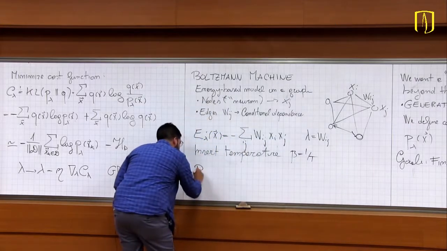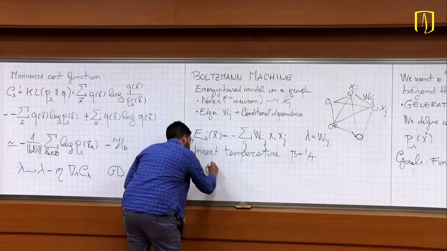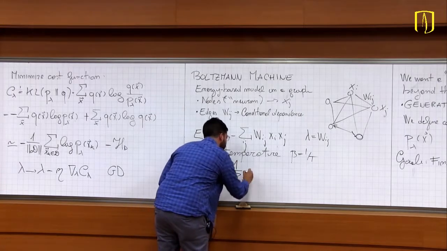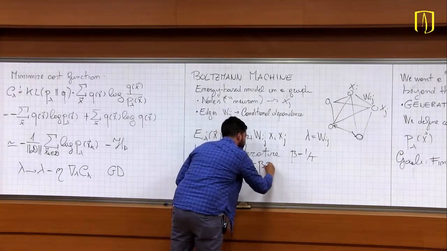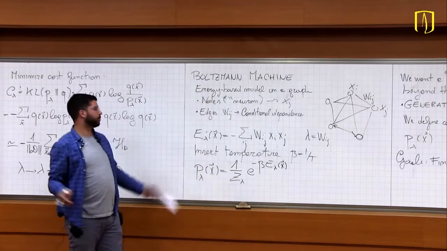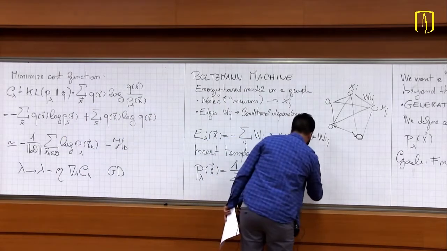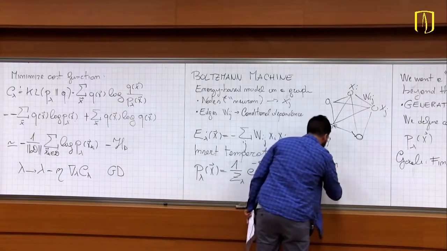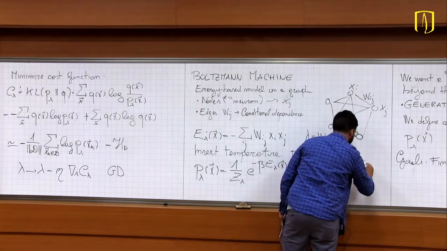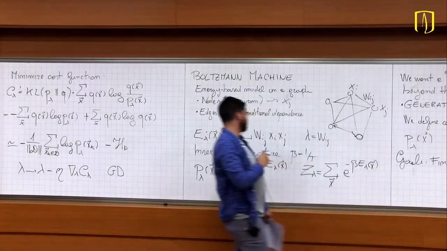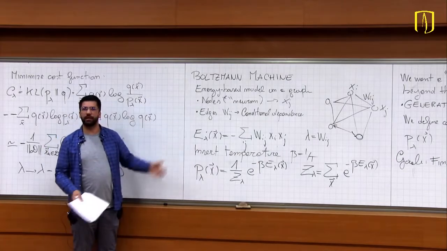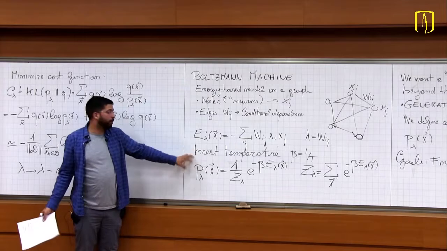This gives a probability distribution P lambda of x, which is 1 over Z lambda times e to the minus beta E lambda of x. Same thing as the Ising model. Z, the partition function, is the sum over x of e to the minus beta E lambda of x. That's why it takes the name Boltzmann machine, a neural network described by a Boltzmann distribution.